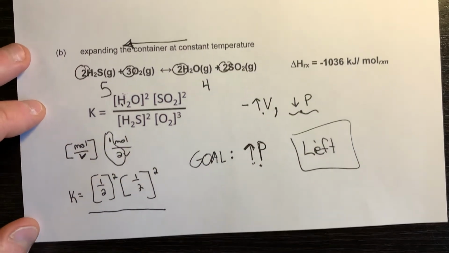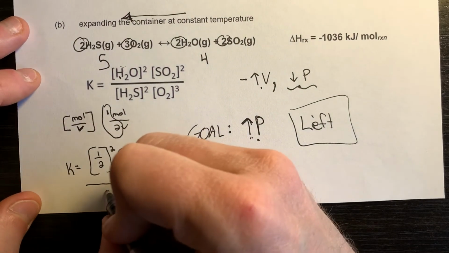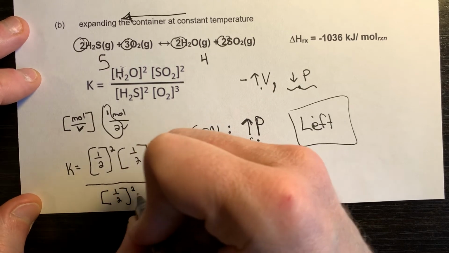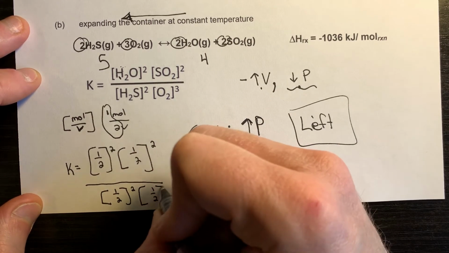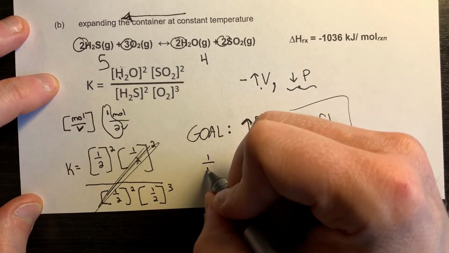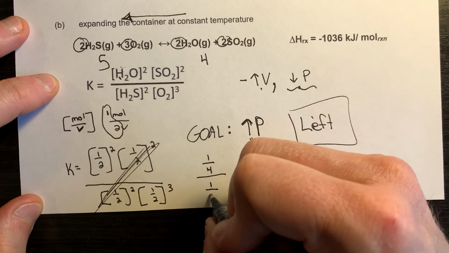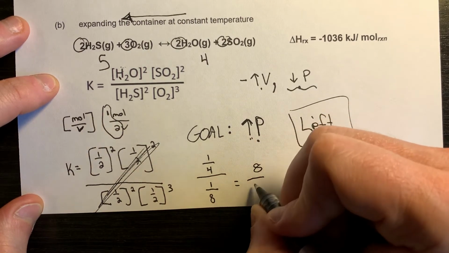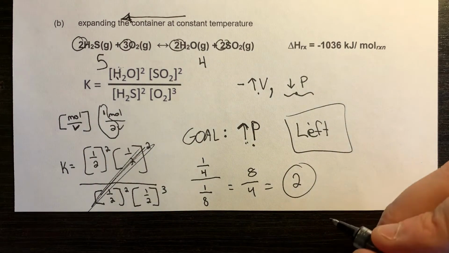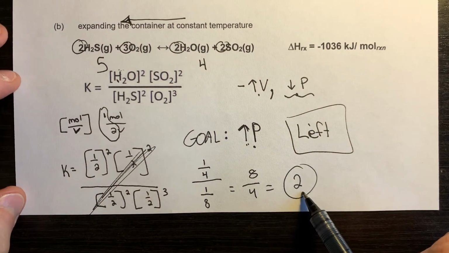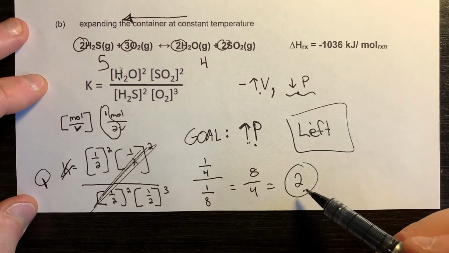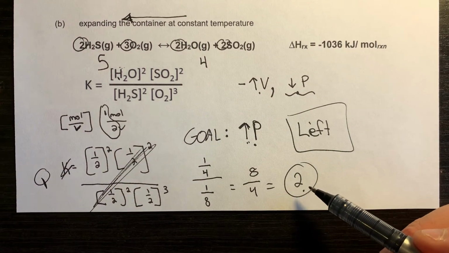It's just something to work with. Again, 1/2. In this case, we have 1/2, but this is cubed. These two could cancel out. We're left with 1/4 over 1/8, which means we have 8/4, which means we have 2. Okay, so what we've done is we have taken our K value, which again is no longer K. We've made it Q, essentially, okay?